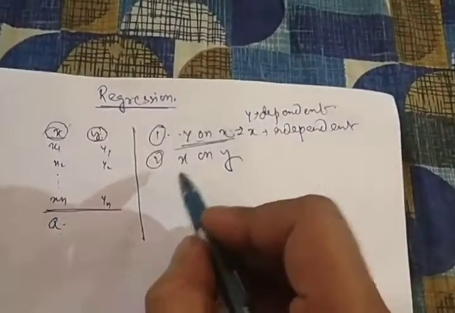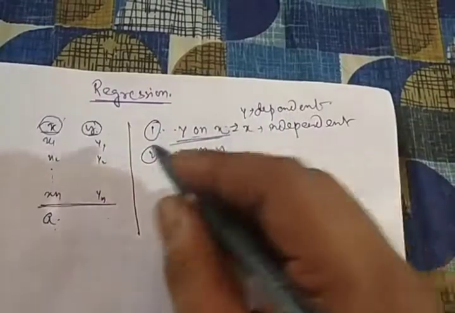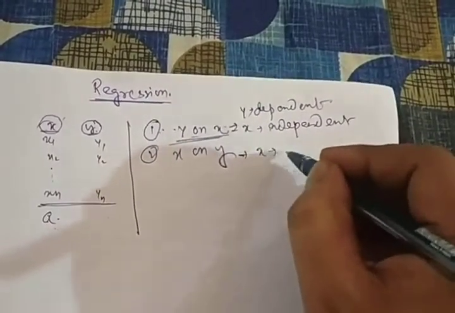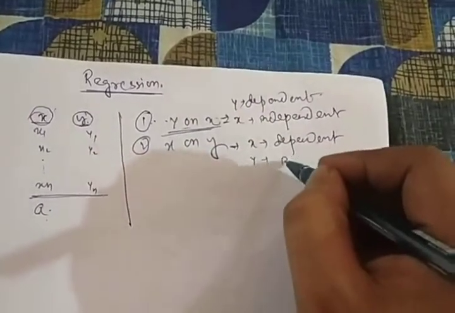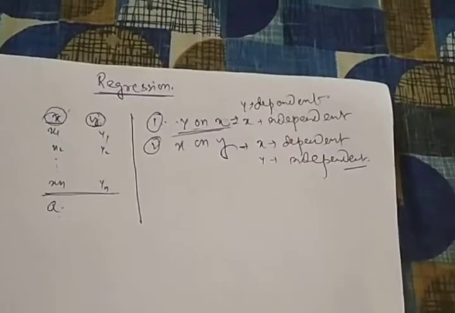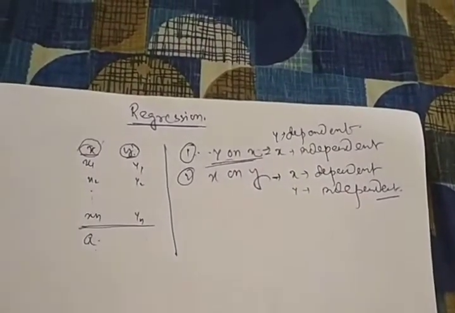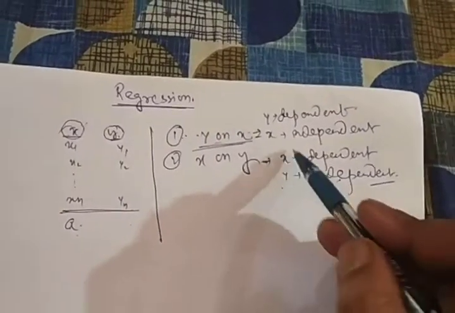For x on y it is the opposite: x is the dependent variable and y is the independent variable. Here the value of y is known and we have to find the value of x.